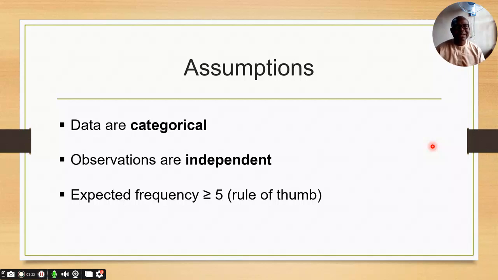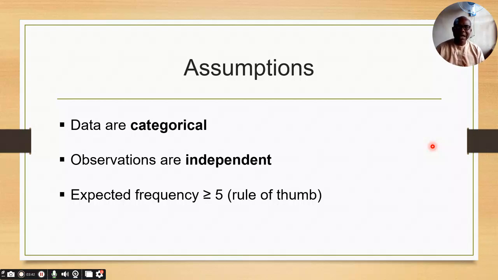When we are dealing with data that group observation variables into different classes, groups, or categories, we say they are categorical. So that is the first underlying assumption. You can't apply it to those that are not categorical in nature.